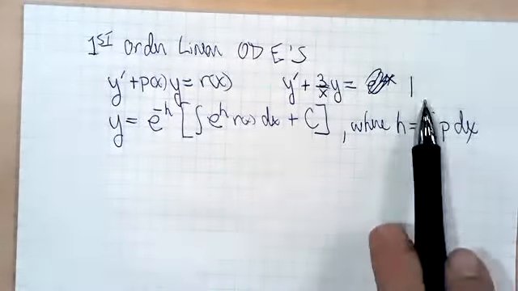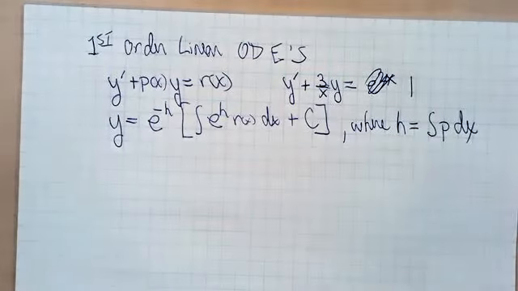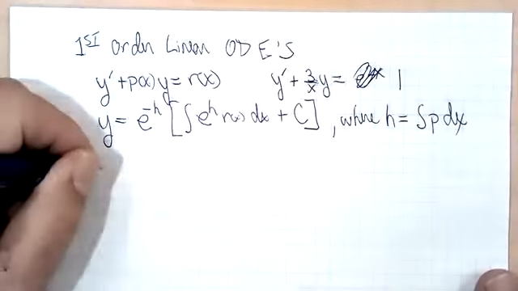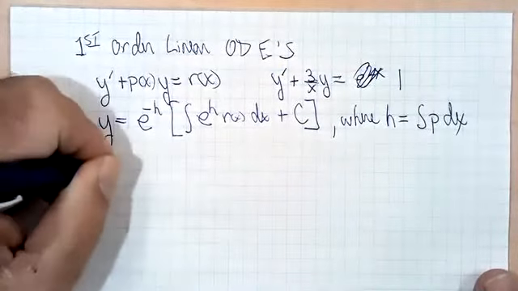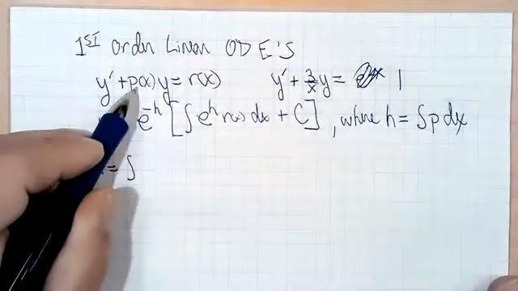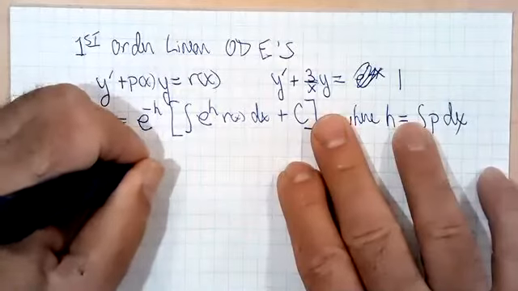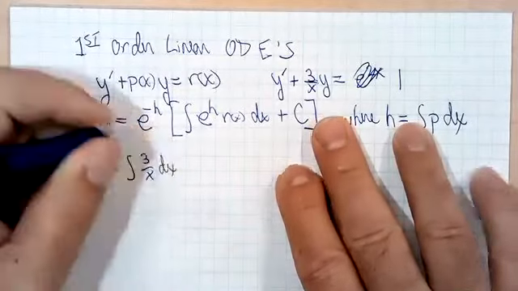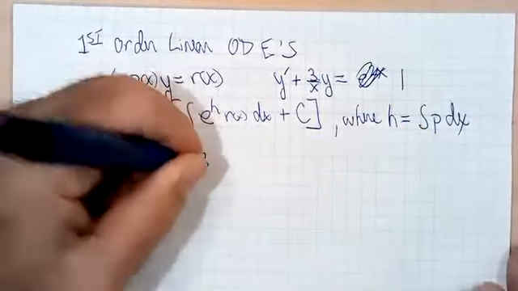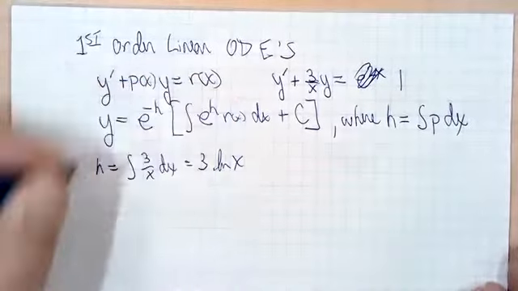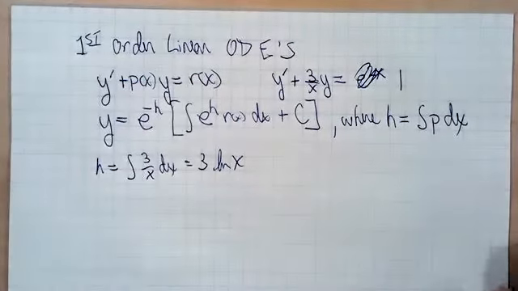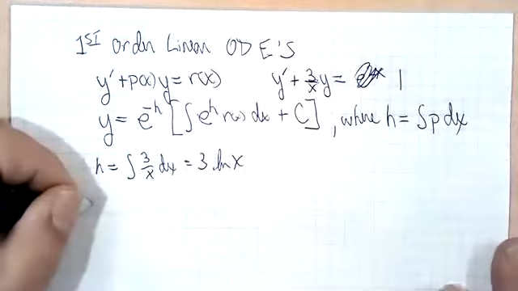So in this little example here, which I do hope doesn't turn out to be hard, you would say h is an antiderivative of p, the coefficient on y, and you could put in the absolute values and the constants, but they won't matter.